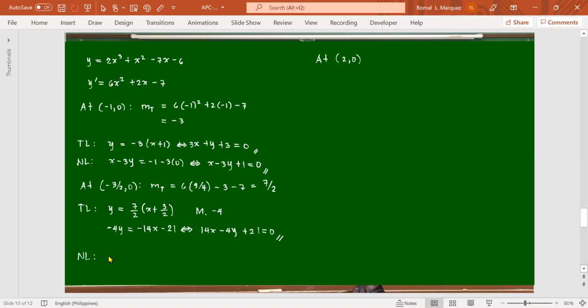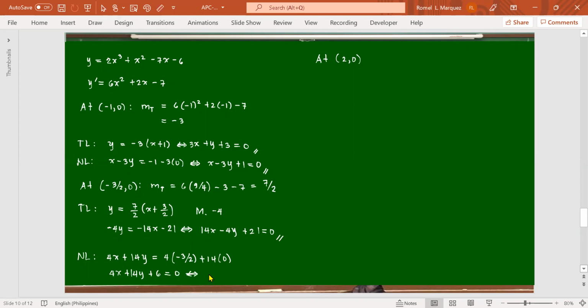A normal line now is 4x plus 14y equal to 4 times negative 3/2 plus 14 times 0. This is 4x plus 14y plus 6 equal to 0.